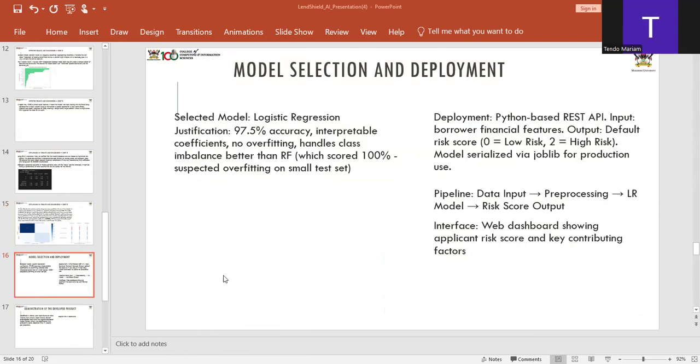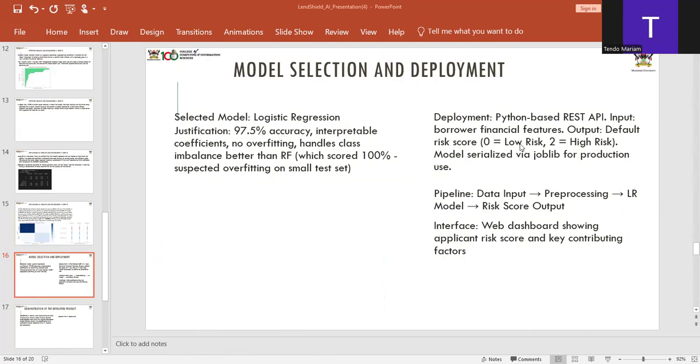So I carried out a model selection and deployment. As you can see, I justified that logistic regression had 97.5% accuracy.